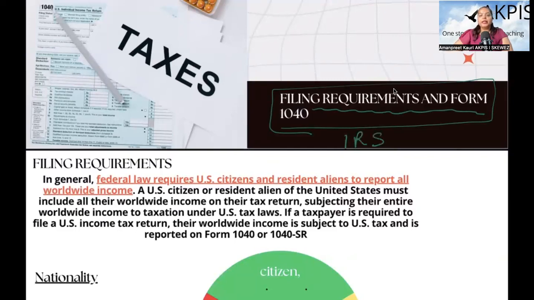For instance, in India there is the Central Board of Direct Taxes, right, which takes care of whether the taxation compliances are done in a proper manner or not.